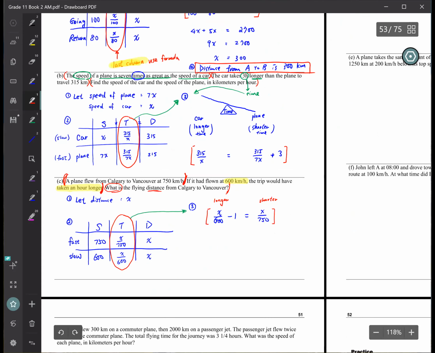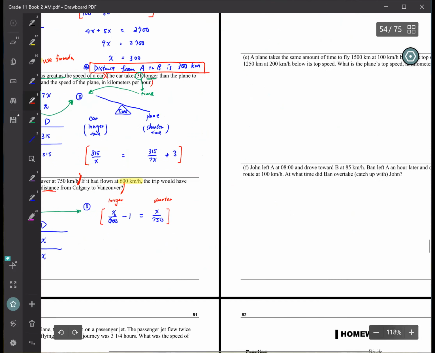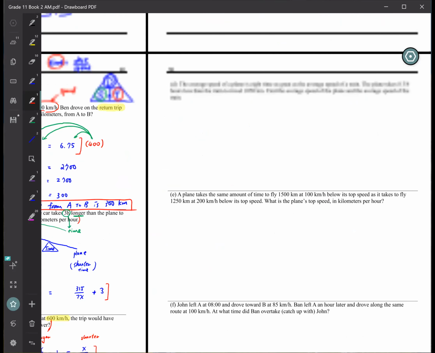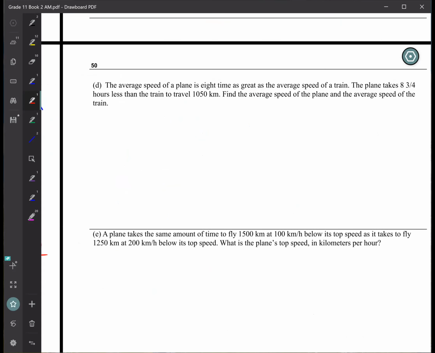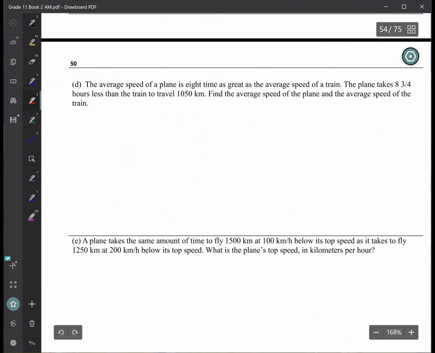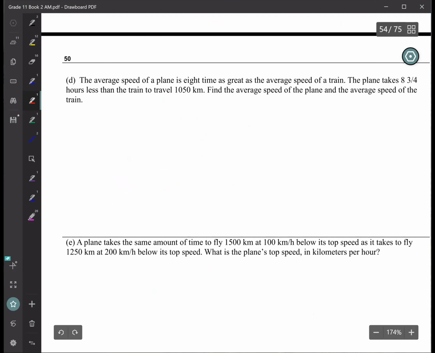I guess you guys are getting better at it. Let's move on to D. This time, let's see if you can carry all the way to step 3, setting up the equation. The number on the right side here is 8 and 3/4, where the 8 is the number on the side.